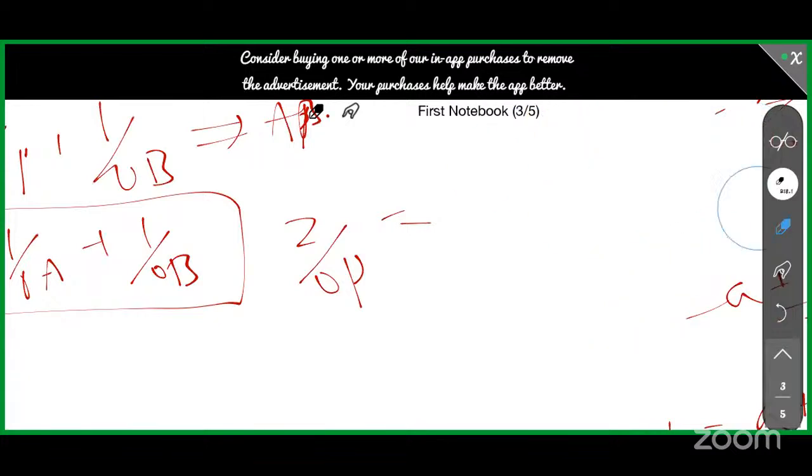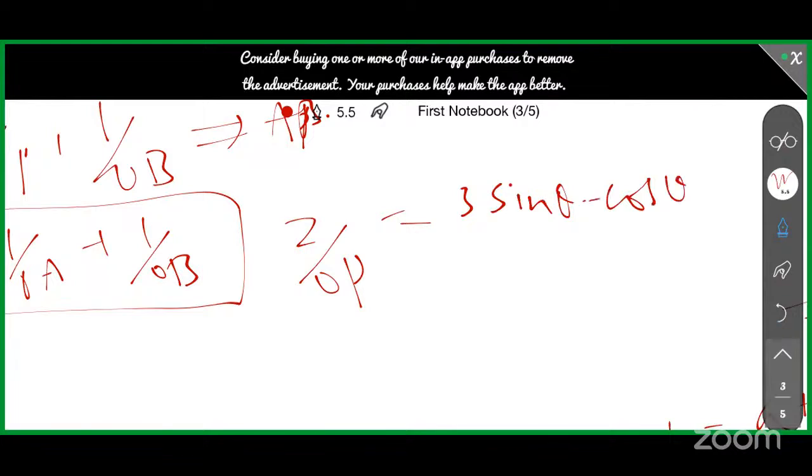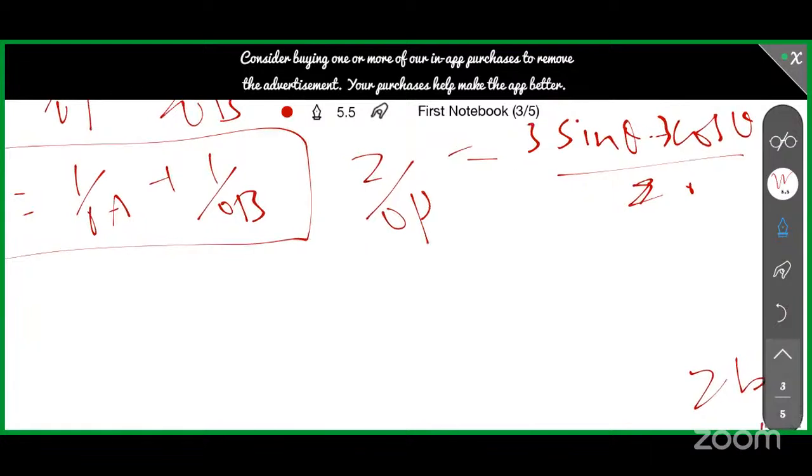No, sir, it is minus. 3 sin theta minus 3 cos theta, divided by 20. Cross multiply.